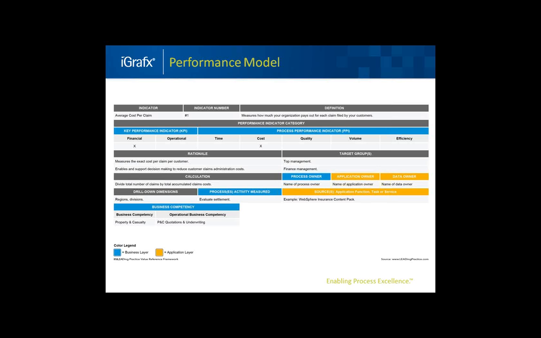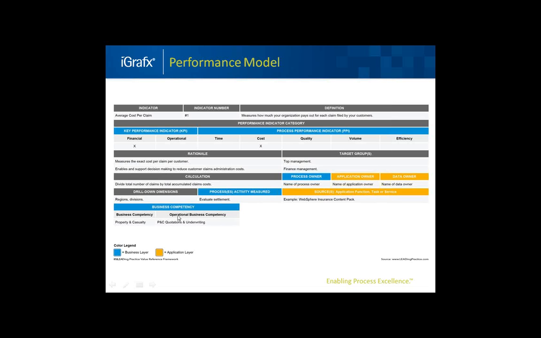Then the link to the business competencies. So obviously I have this claim in a certain area. The business competency is property and casualty, and it's property and casualty, quotations and underwriting. That would be the operational competency.